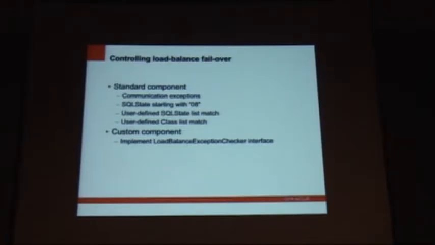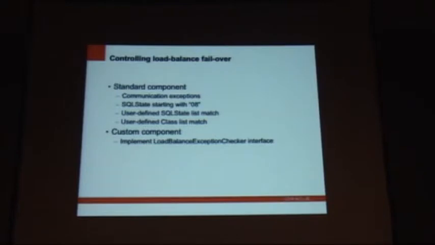Right now, we have a pretty standard exception handling process. So load balancing connections will fail over or may choose another host from the load balance pool under 3 conditions, basically.